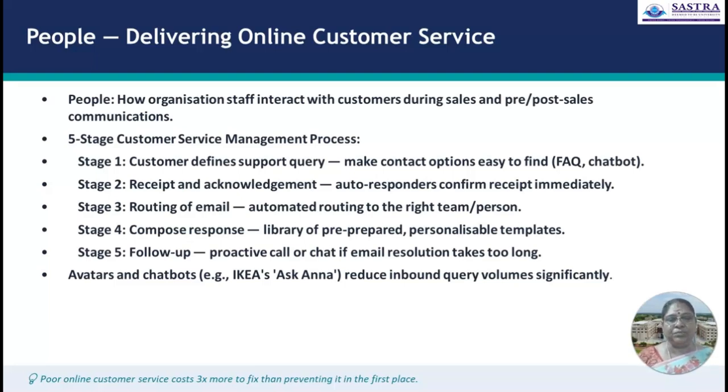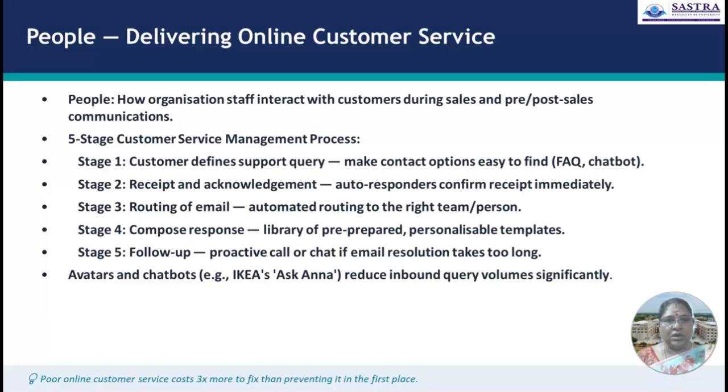And what is the third step? The third step is routing. Use automated workflow tools to route the query to the right team. You have to clearly identify who should answer what type of question, based on the type of query.